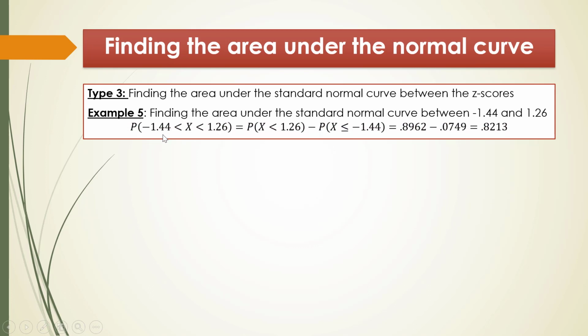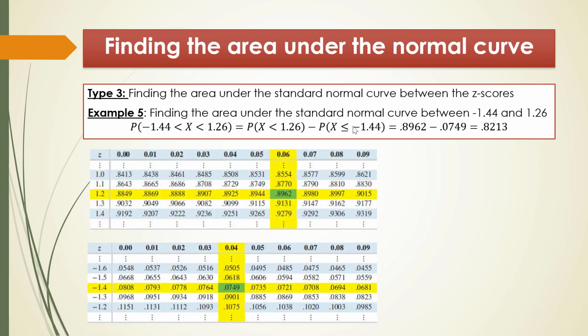How we work on this type of question is: the probability that x is between negative 1.44 and 1.26 is the probability that x is less than 1.26 minus the probability that x is less than or equal to negative 1.44. Please be mindful that the equal sign here doesn't matter because we are working with continuous variables.